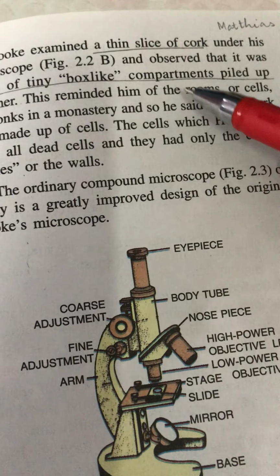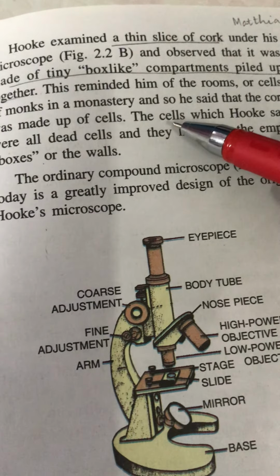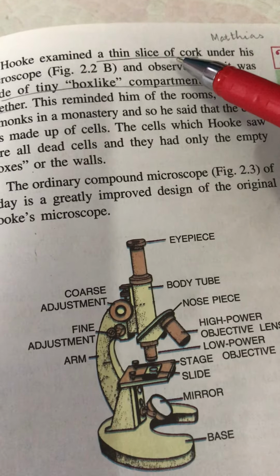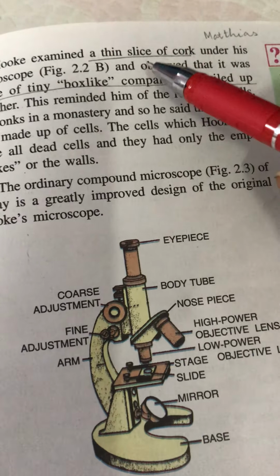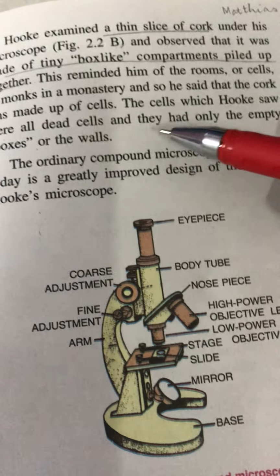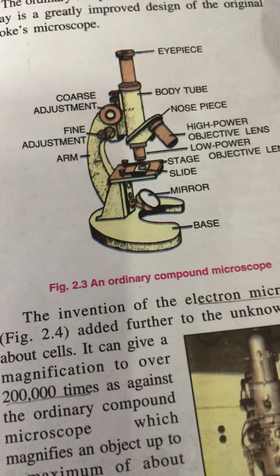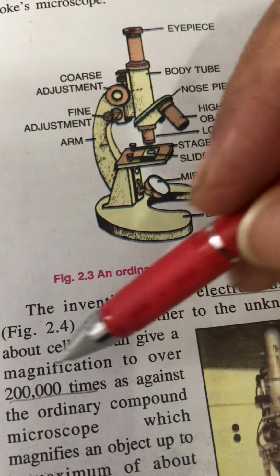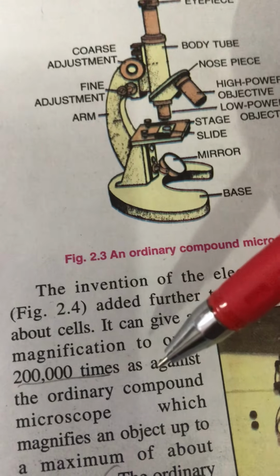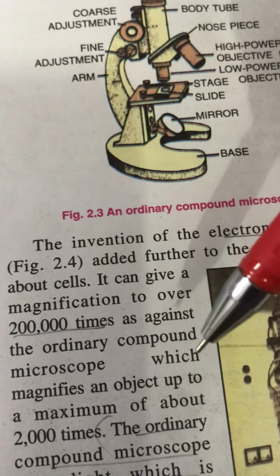Now only the cell outline and a bit of the cytoplasm and nucleus could be seen under the compound microscope, not by Robert Hooke because he had observed dead cells, but for further magnification an electron microscope was invented whose magnification was 200,000 times, much more than that of a compound microscope.